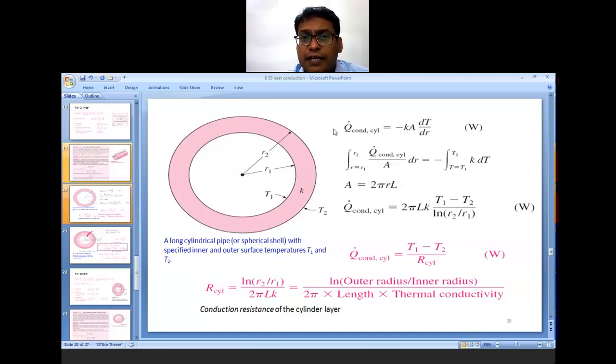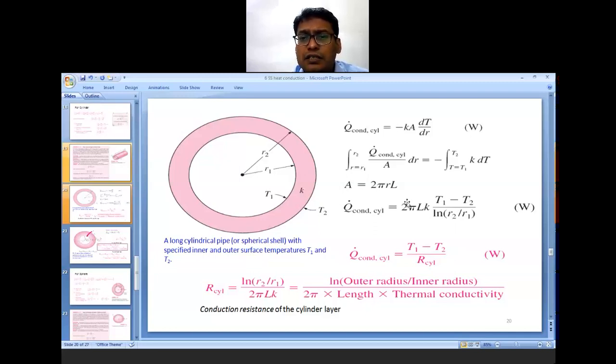That is one way, and the second way is from the Fourier law. After integrating it, you also obtain the general equation related to heat conduction for the cylinder. One has to remember this equation for heat conduction for the cylinder.